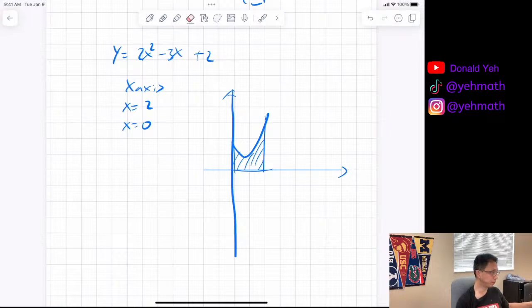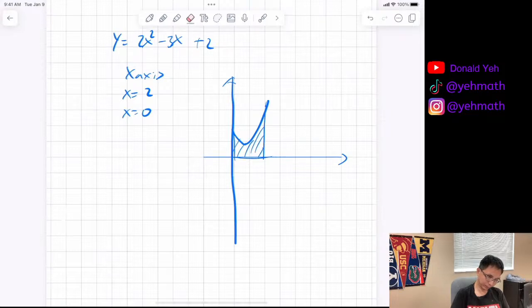What's the answer? 10 over 3, let me check. 10 over 3 is right. Wait, how do you? I know, the integral. And then you just plug in 2 here, because it starts at 0 and ends at 2.